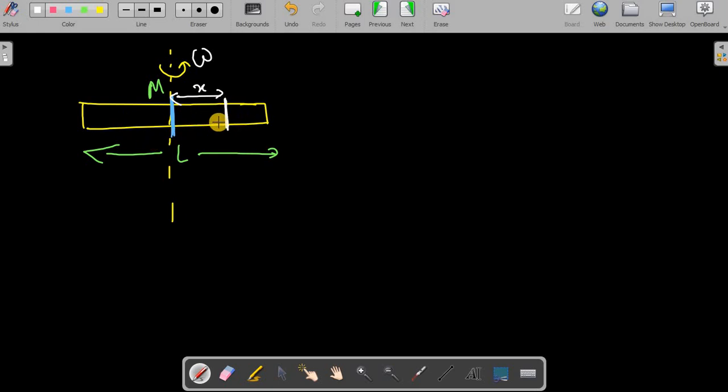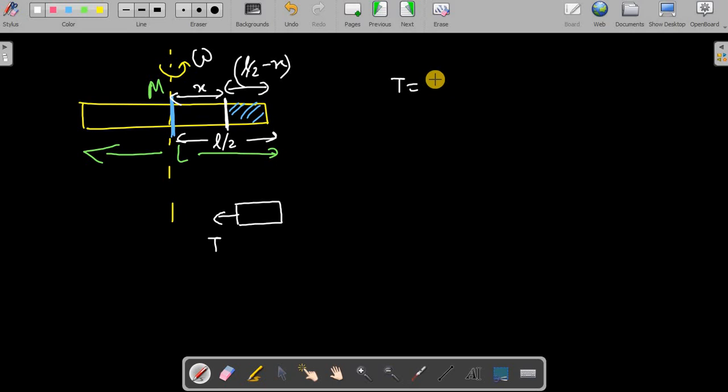So because of that, you can consider this portion of the rod. This is definitely L by 2, because here this is L by 2. It's L by 2 minus x, right? So if you see this portion, the tension will be pulling it.